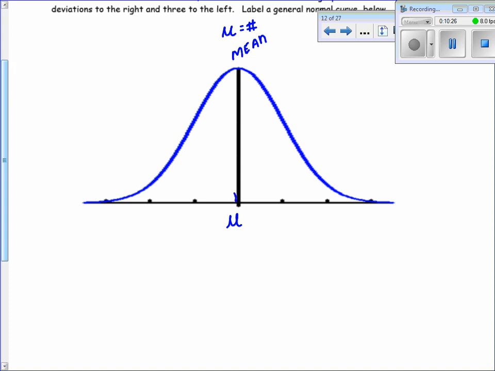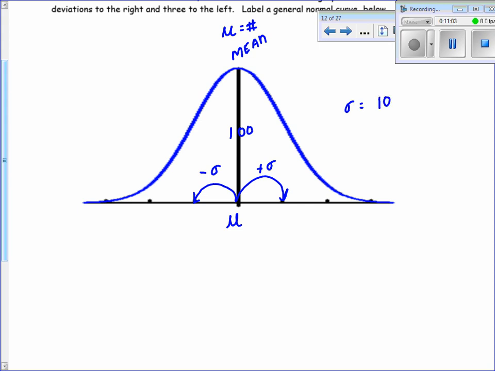If I move over one tick mark from the mean, in either direction, this is 1 and this is 1. I say minus 1 standard deviation for the left part, and then plus 1 standard deviation over here. So let's say that the mean is 100. And let's say my standard deviation is, I don't know, 10.